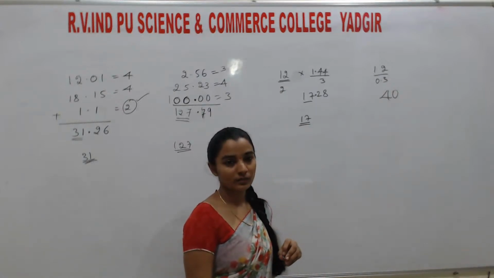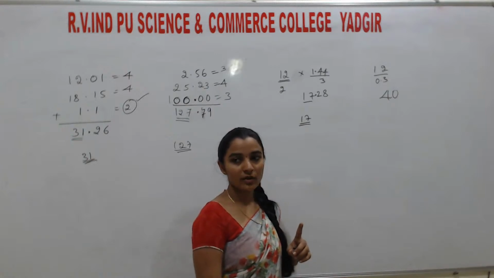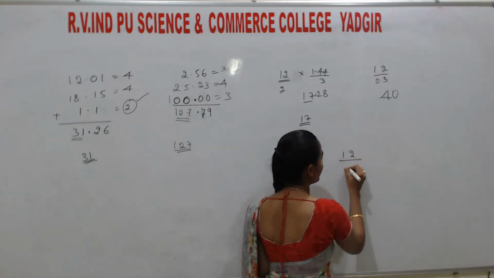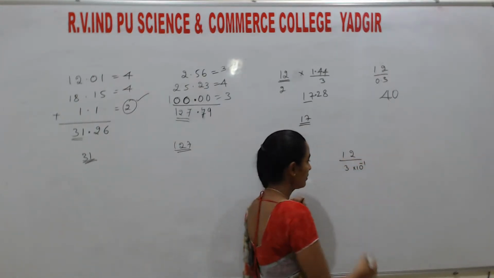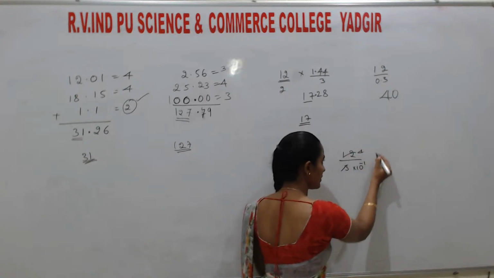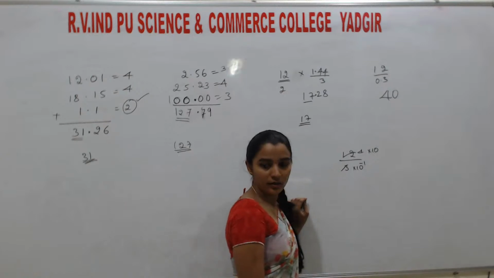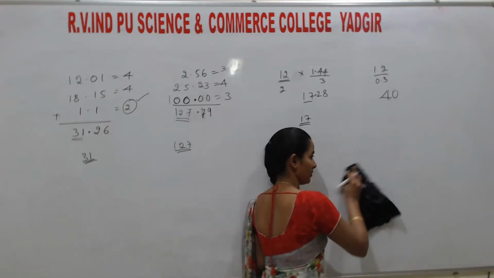Correct? 12 divided by 0.3, answer is 40. Don't just take that. Listen. 12 is there. 0.3 is written as 3 into 10 to the power of minus 1. 3 ones are 3, 3 fours are 12. Minus 1 goes to the numerator, which means it is 10. 4 tens are 40. For each and everything you can't use the calculator.